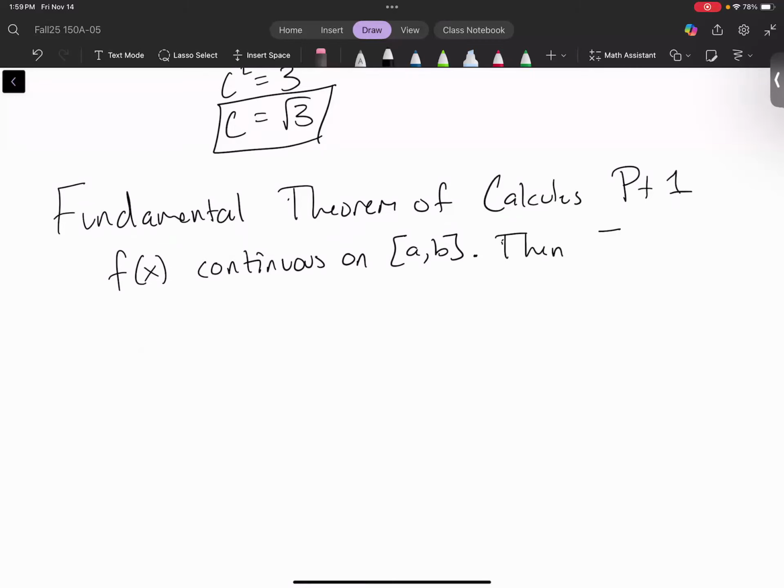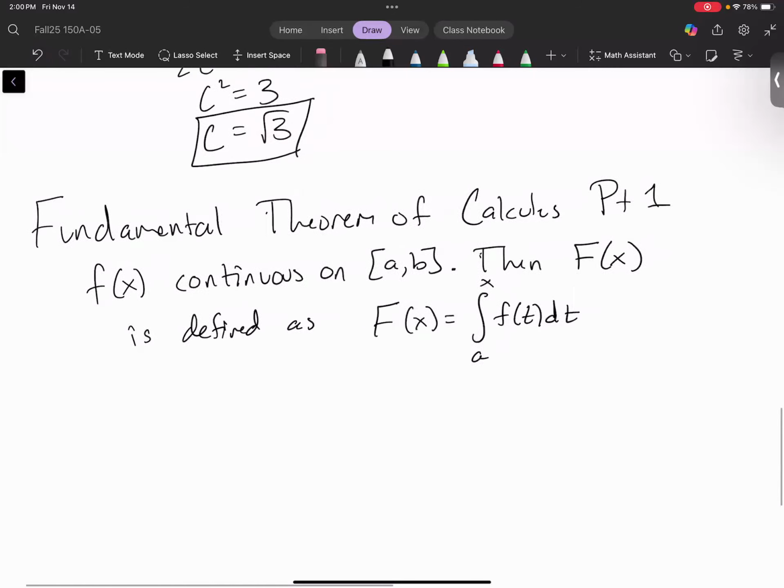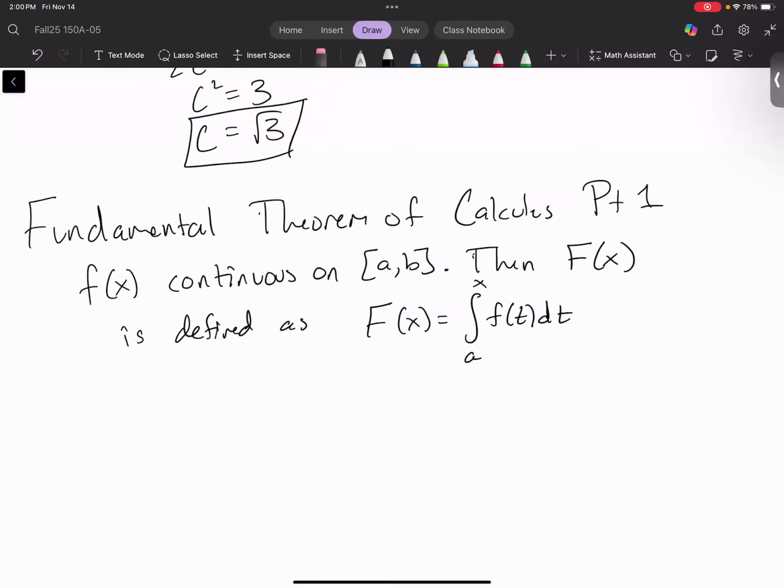Then capital F of x is defined as capital F of x equals the integral from a to x of f of t dt. A couple things going on here. It's not a set in stone interval a to b. X is a variable.